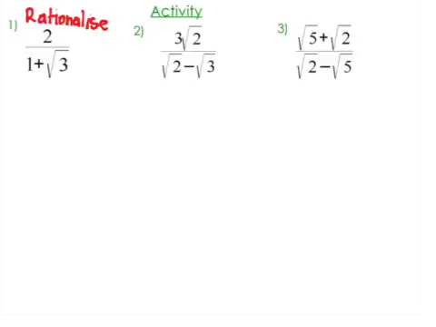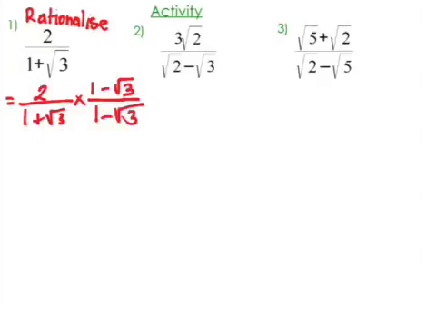Well, looking at the first one, question 1, 2 over 1 plus root 3. Remember, we have to multiply by a fraction that has a value of 1, and that fraction is going to be made up of the conjugate of this denominator on top of itself. So it'll be the same as multiplying by 1 minus root 3 on 1 minus root 3.